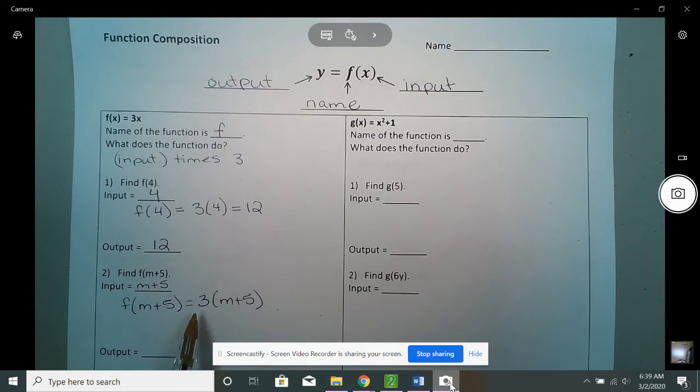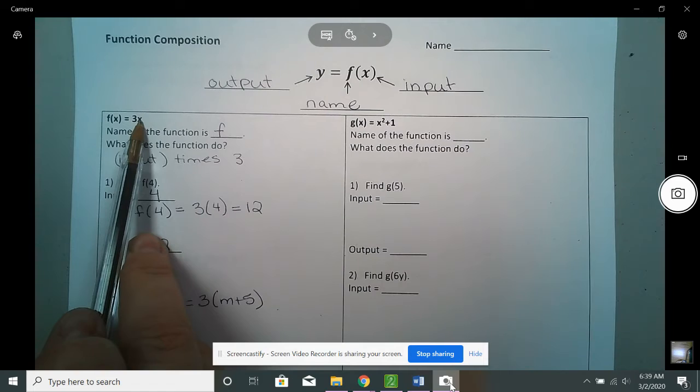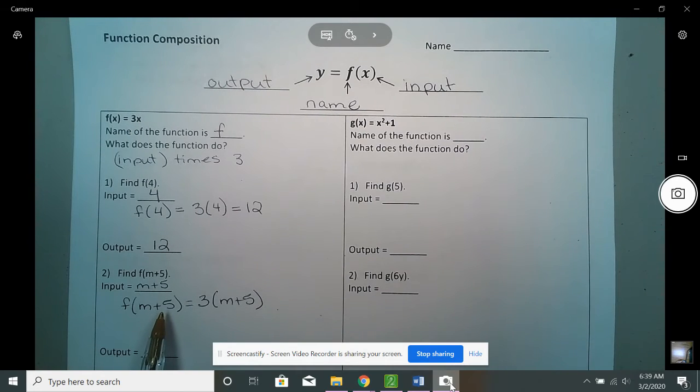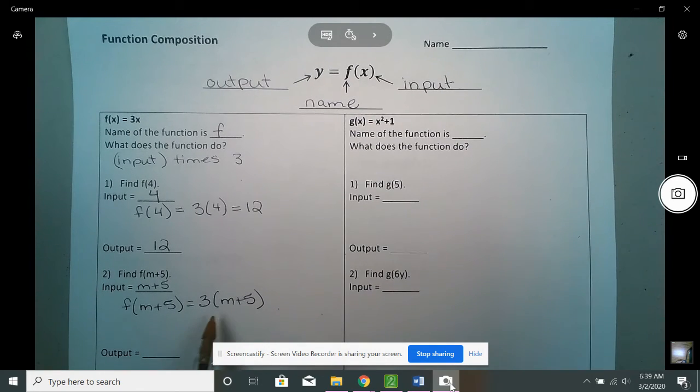What we're really doing is just taking out the x and trading it out with whatever the input value is. In this example, we're going to have to distribute to simplify the function. 3 times m is 3m. 3 times 5 is positive 15. So the output is 3m plus 15.